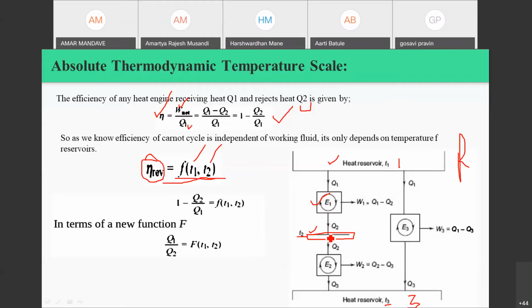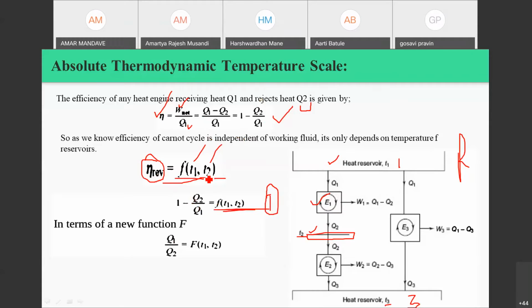Now we can directly write this efficiency formula as equal to a function of T1 and T2. So this is the first equation we got from the efficiency formula.